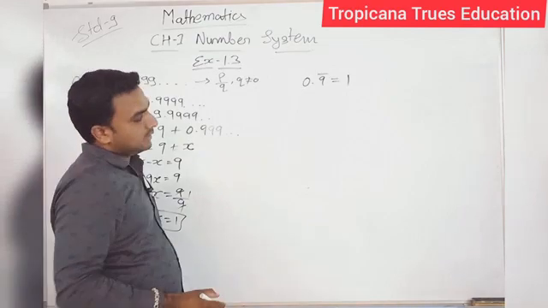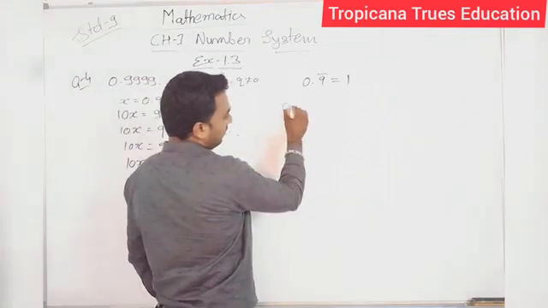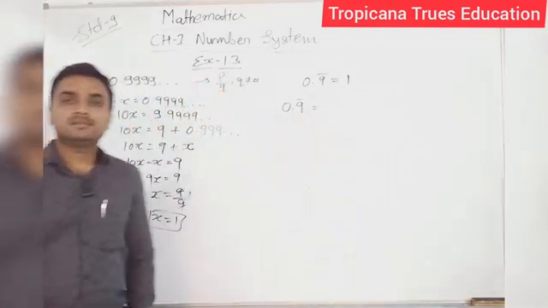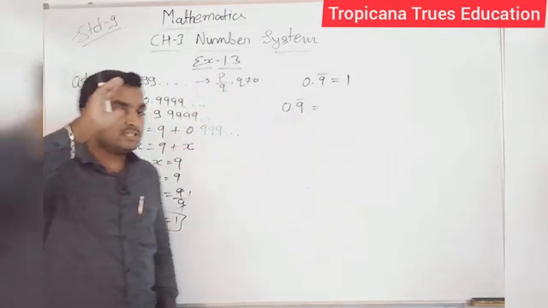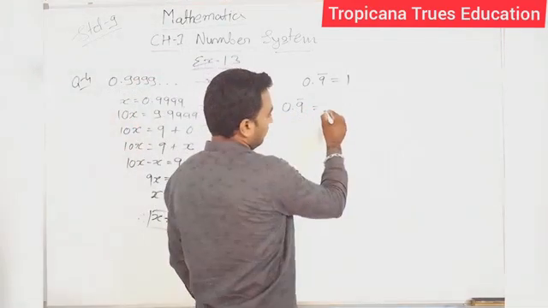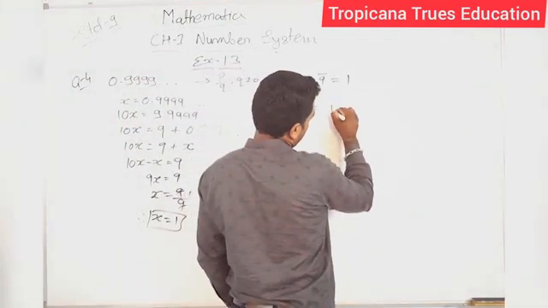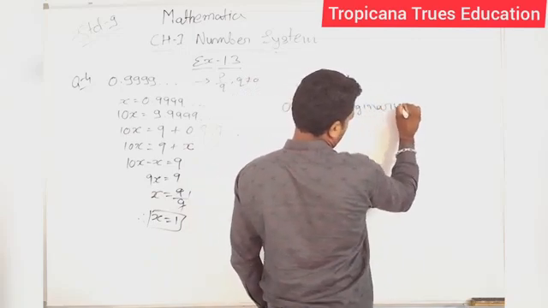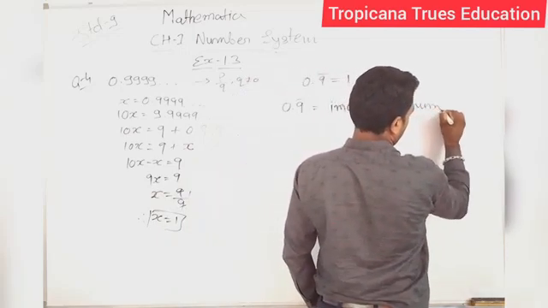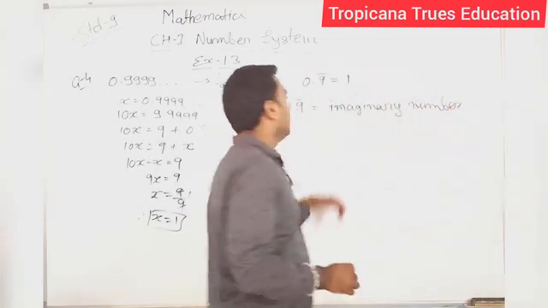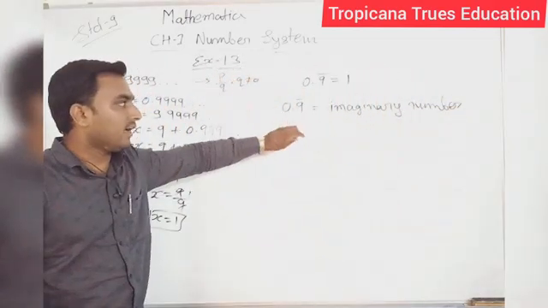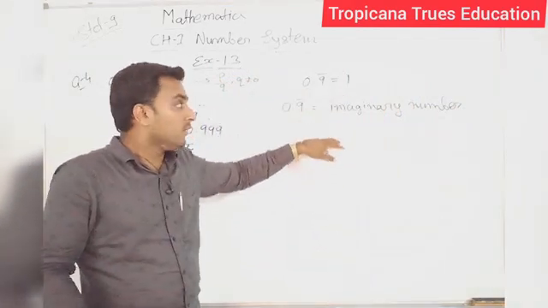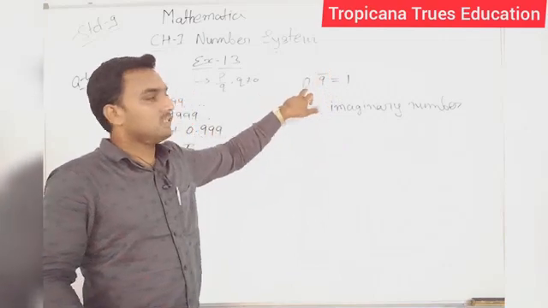Now see here, 0.9 bar is like an imaginary number. Why? Because when we divide any numbers in the form P upon Q, we never get this type of number, 0.999.